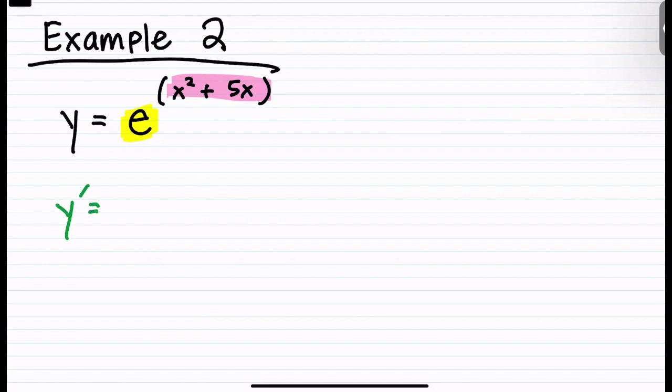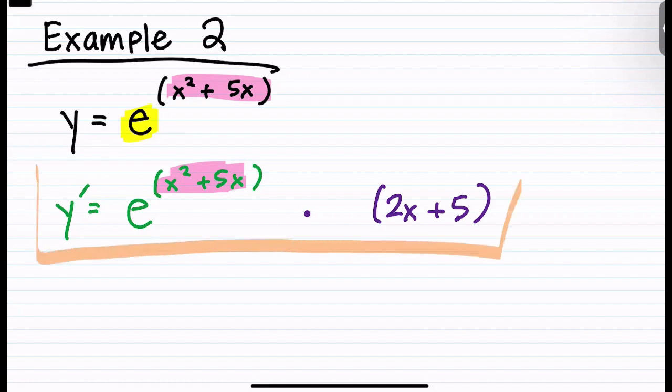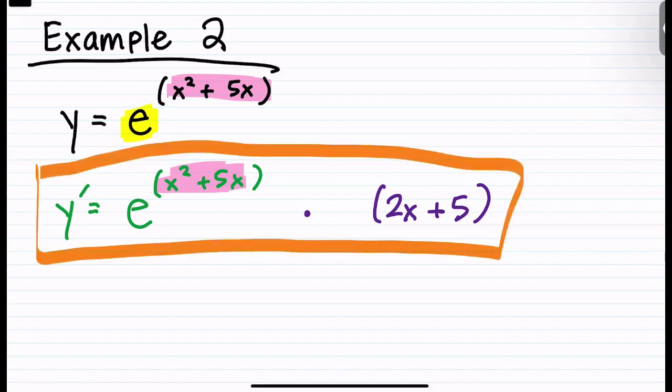So take the derivative of this exponential function, and again, leave the inside function alone. Next, multiply this whole thing by the derivative of the inside function. So the derivative of this inside function becomes 2x plus 5. There's nothing left to simplify, so you can leave your answer in this format.